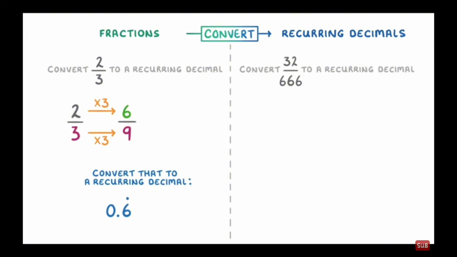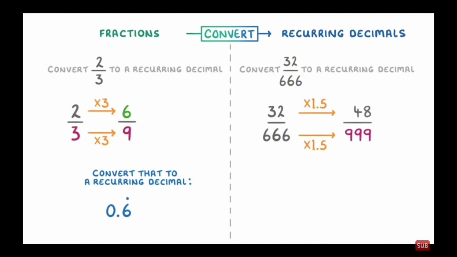For this second question, we're trying to convert 32 over 666 into a recurring decimal. The first step is to convert the 666 into 999, which we can do by multiplying it by 1.5. This means that we're also going to have to multiply the 32 by 1.5 as well, which gives us 48.